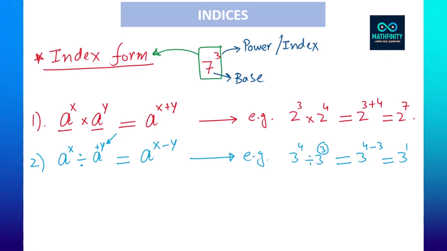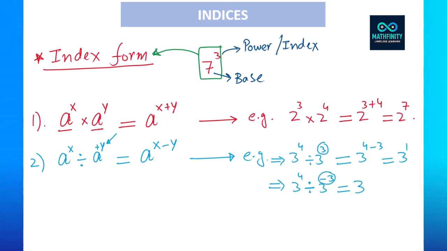Sometimes you will see a question like this, which is another example: 3 raised to power 4 divided by 3 raised to power negative 3. A lot of students make mistakes at this point. Just keep in mind that after the division sign, you have to change the sign.